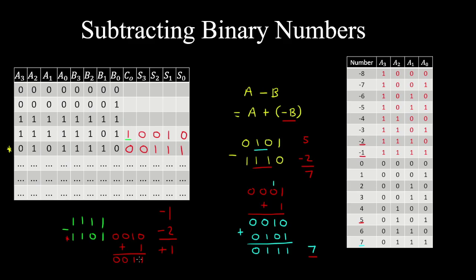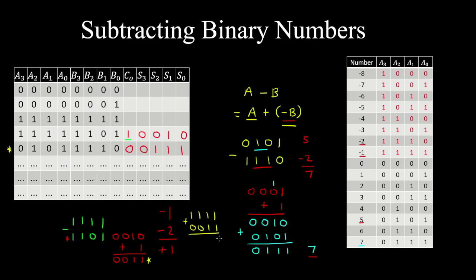And finally, we add the 2's complement, as we mentioned, to our first 4-bit number. So that'll be 1111 plus 0011. And that's the same thing as subtracting the second number from the first.